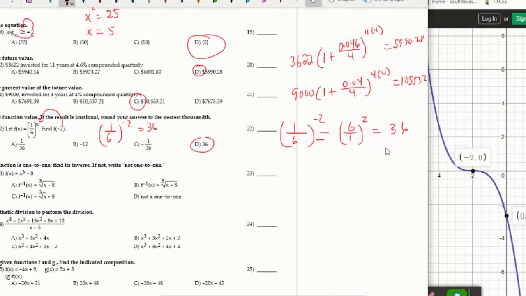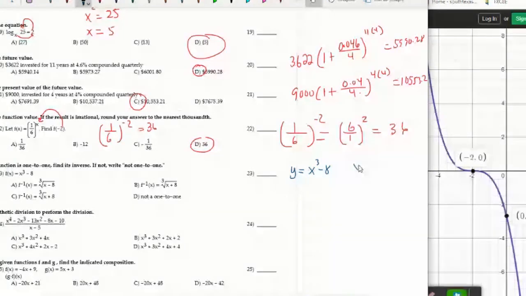Find its inverse. So finding its inverse. This is something we did way at the beginning of the semester. So we had something like this, okay? And what we did is we started off by switching the x and the y, and then from there we solved for y.